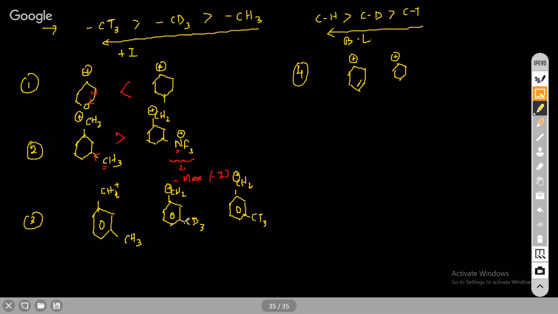CT3 maximum, then CD3, then CH3. Electron releasing tendency, plus I. So order of stability should be this. Done.